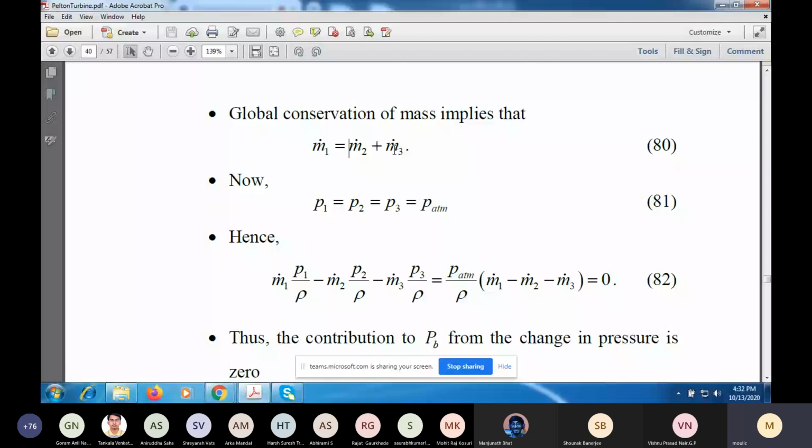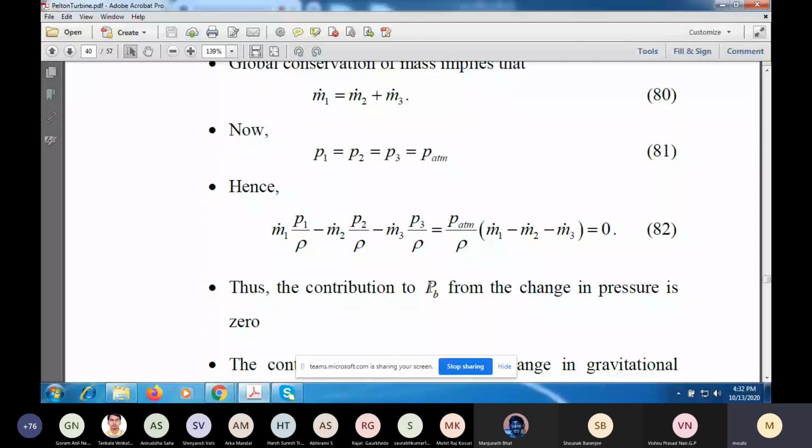So the contribution to PB, the power developed by a single blade, from the change in pressure is 0. And this is characteristic of impulse turbines. Later on, we'll look at reaction turbines, where the sum of these three terms will not be 0.